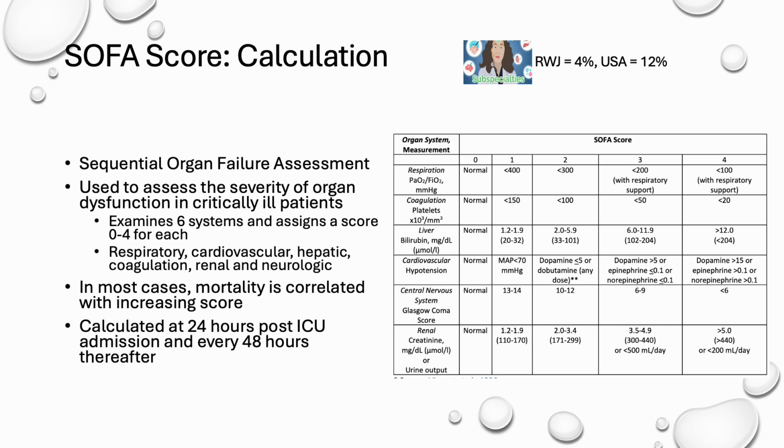And we didn't provide a chart here that relates mortality to scores, but of course, as scores increase, mortality tends to increase. And somewhere in the mid to low teens, mortality begins to dramatically increase when looking at the SOFA score.